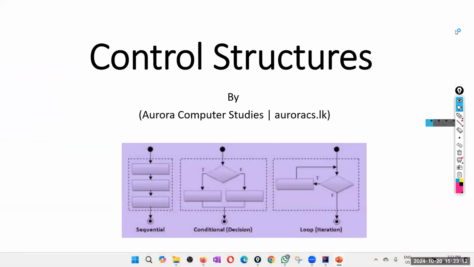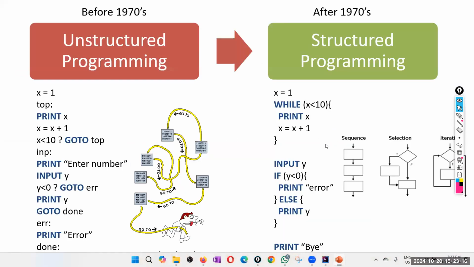Right. So when it comes to control structures, we have sequence, selection, and repetition or the loop. Before control structures were used, in the 1960s and 70s, there was nothing called control structures at that time.